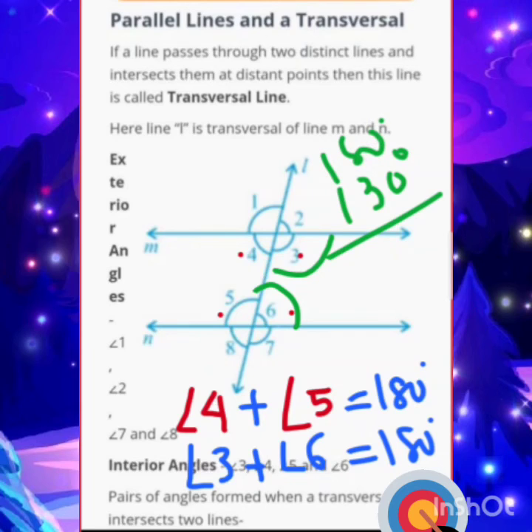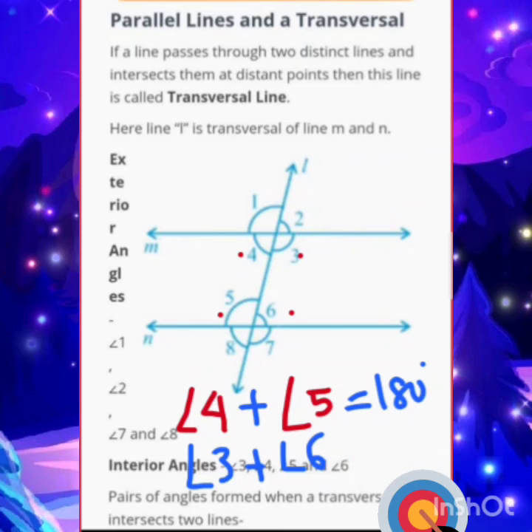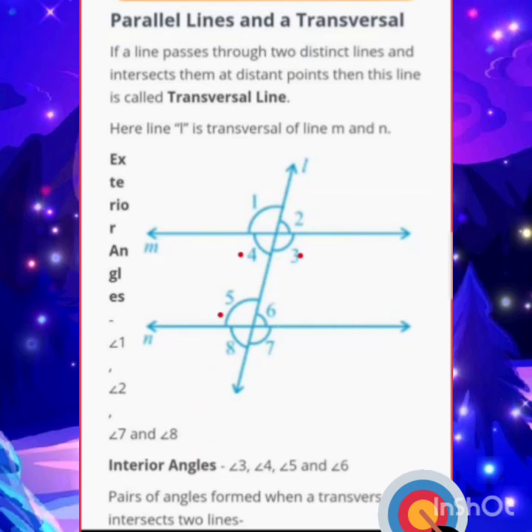Got it? You need to subtract 130 from 180. The second angle's measurement will be 50 degree. So finally, we come to know the sum of two co-interior angles must be 180 degree, or they are supplementary.